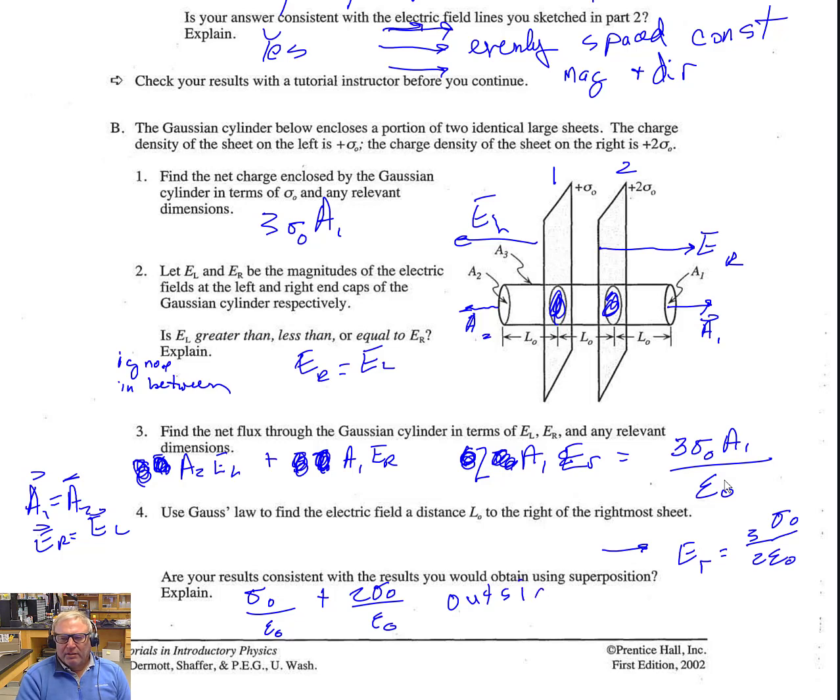So outside of the 2 sheets, we know this is the field of number 1, number 2, E1 and E2, both in the same direction.